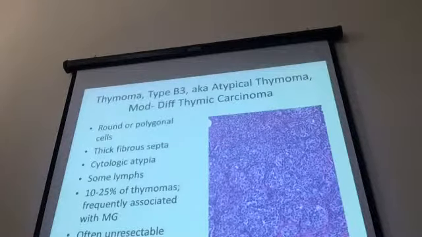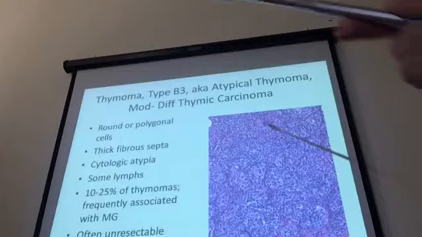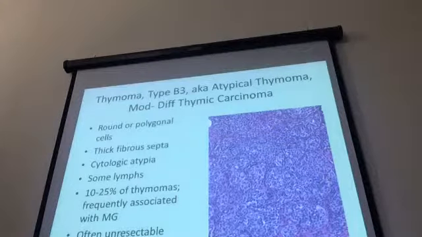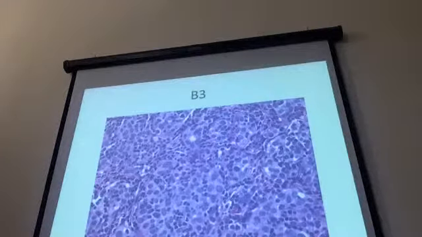Now we start into the more problematic ones, the more aggressive ones. Type B3 has more rounded and polygonal cells, will have some fibrous septae, and a little bit more cytologic atypia, more nuclear pleomorphism. Here's a high power view.